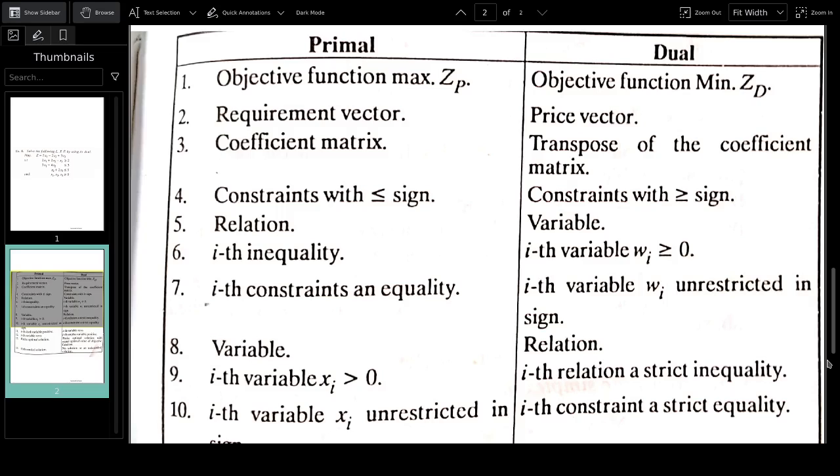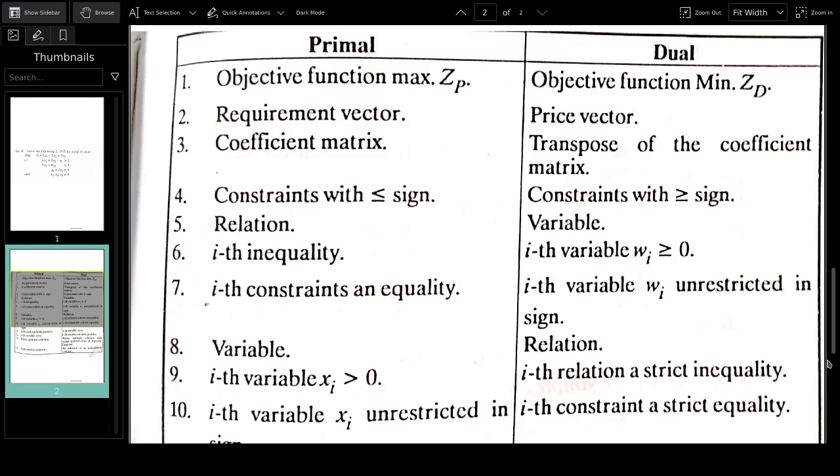Next, here in primal, this vector is called the requirement vector. In dual, this vector is called the price vector. Next, when we write in primal, this is the coefficient matrix, because first we write it into the matrix form, then this is called the coefficient matrix, and when we write into the dual, then we find out its transpose of the coefficient matrix, right?